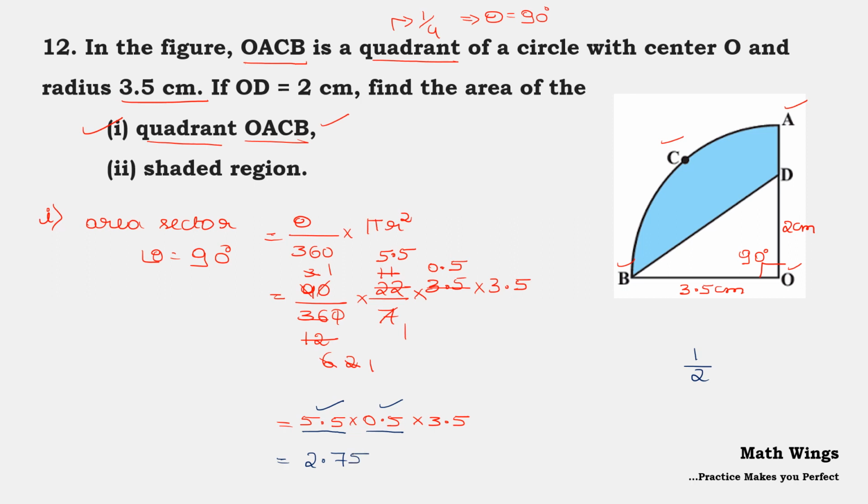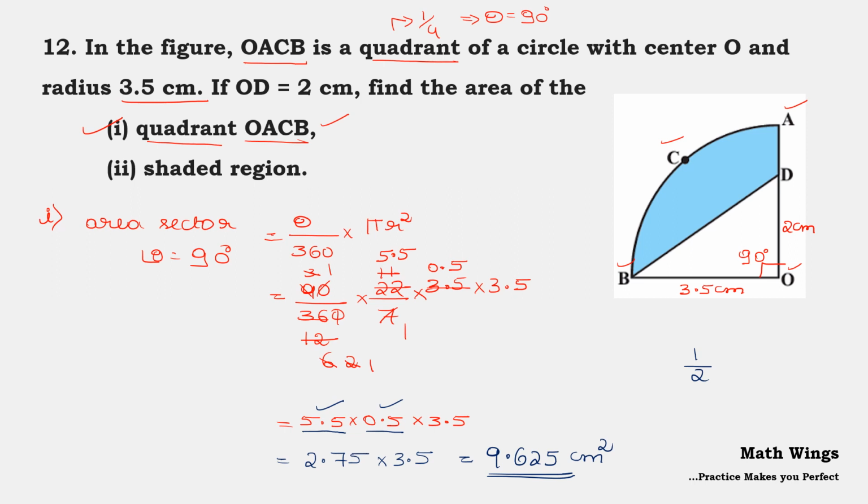If you want, you can just do the calculation here. Now you multiply the values 2.75 into 3.5 and write the answer. What's the answer here? The answer is equal to 9.625 and the unit is centimeter square.